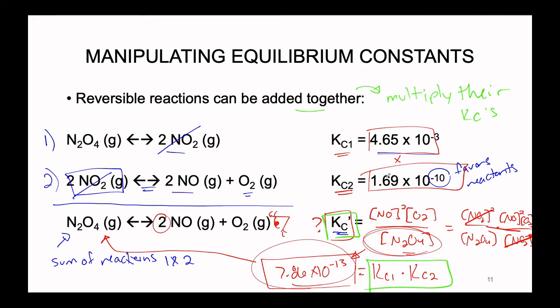Again, this is always going to be true no matter what type of equilibrium you are working with. If you add 2 reversible reactions together, you will multiply their equilibrium constants to find the new equilibrium constant for the resulting reaction.